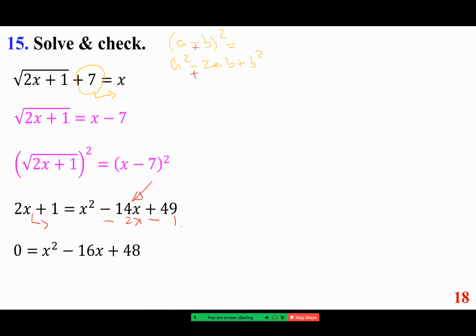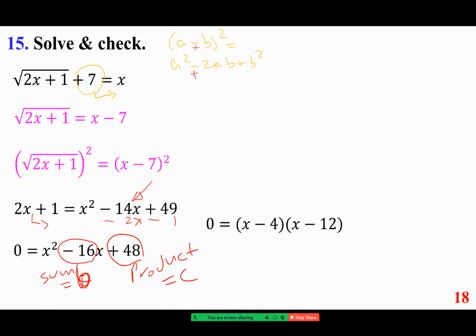We want two numbers whose product is 48 and whose sum is b, or negative 16. Negative 4 and negative 12 are the answers, and we have two answers, 4 and 12.